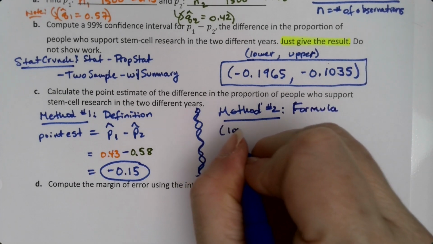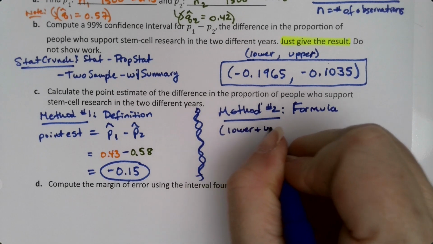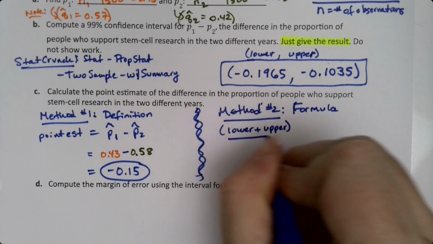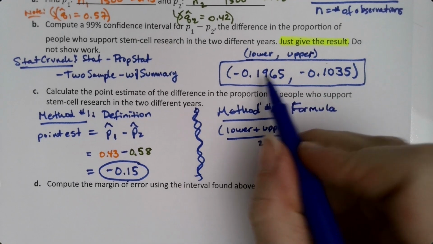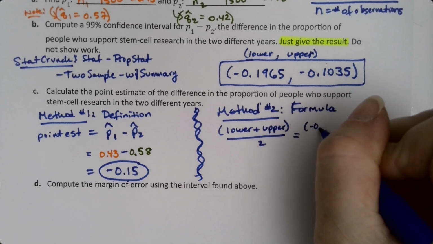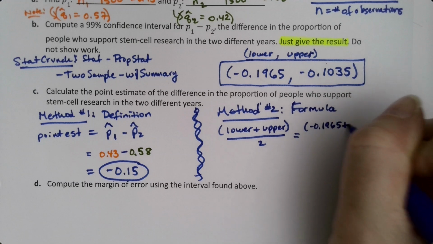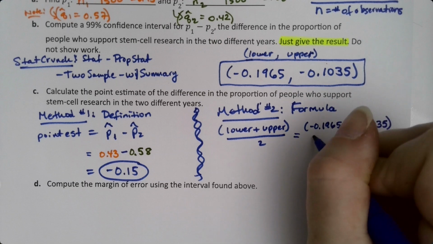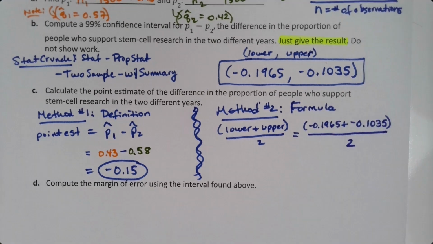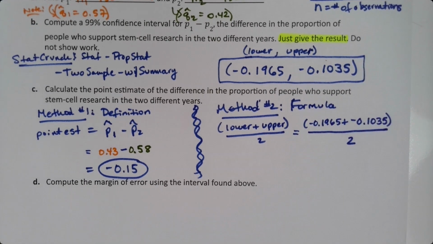So you take the lower, you add the upper, and you divide by 2. In other words, you're taking the average of your lower and upper numbers. My lower number is negative 0.1965 plus my upper number, which is negative 0.1035. I close parentheses and I divide by 2. So let me grab Desmos.